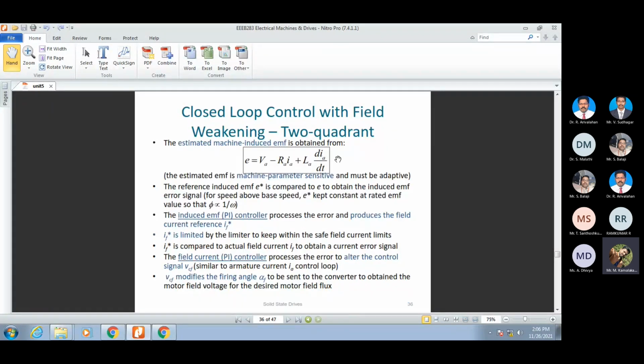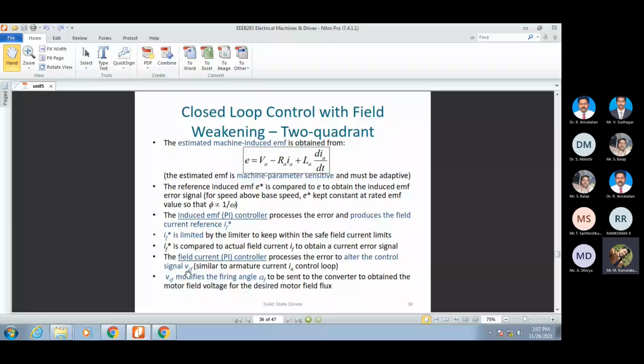So like we have seen for the armature voltage control, here also they have given that the EMF is given with the relation V minus RA into IA plus L into dIA divided by dt. The reference induced EMF E star is compared to E to obtain the induced EMF error signal, so that this induced EMF error signal will be producing the field current reference IF dash. So this IF dash is limited by the limiter while it is being compared to the IF.